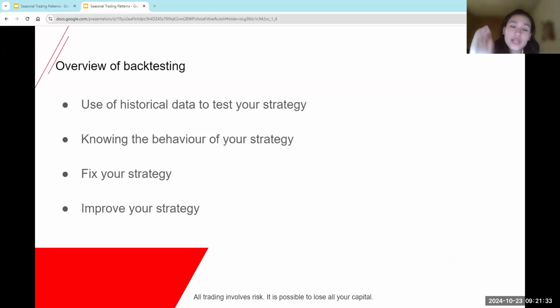So backtesting in trading basically is simulating the process of trading while using a set of rules over previous price data to see how much money would have been lost or made if a trader had followed the same strategy. So that's why this technique is really helpful when it comes to trading seasonal patterns.